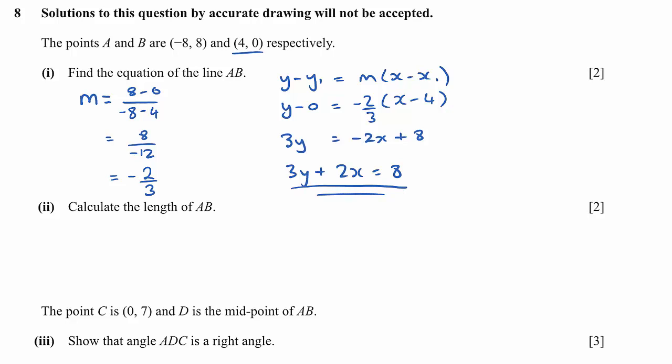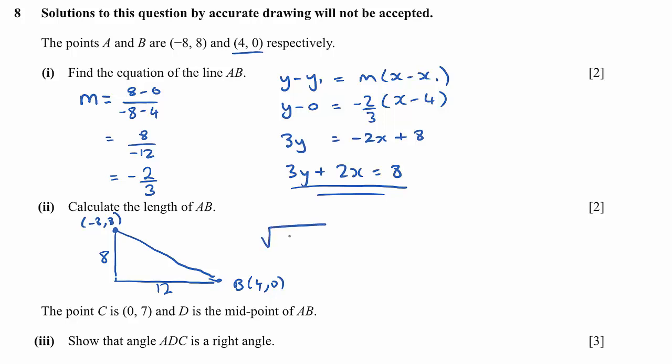So now we want to calculate the length of AB. A is here at (-8, 8), and B is here at (4, 0). We want the length of that. So this is 8, and -8 across to 4 is 12.